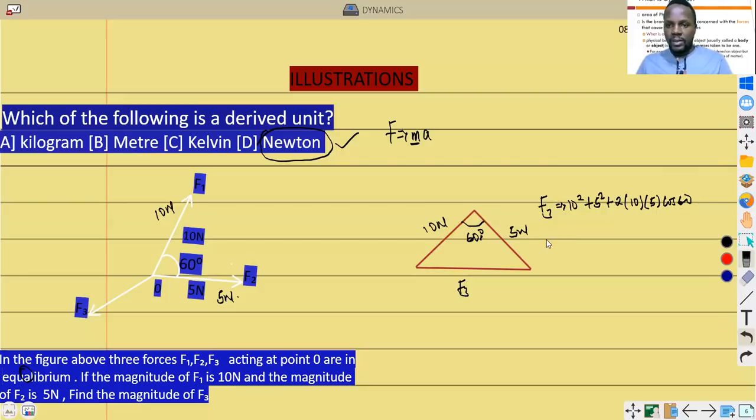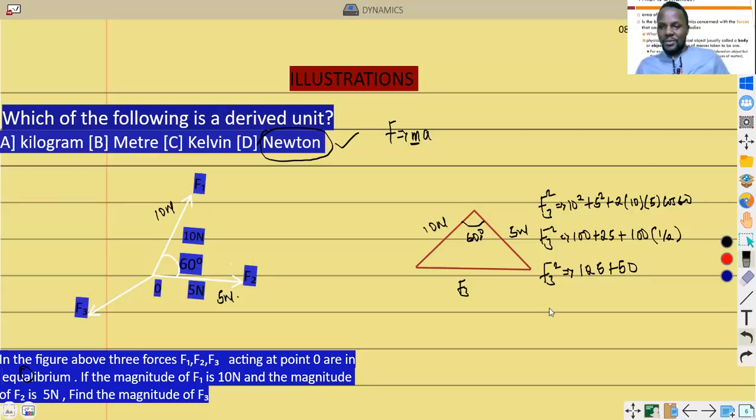So directly, my dear students, F3 squared will be 10 squared, which is 100, plus 25, plus 10 times 5 is 50, 50 times 2 is 100. 100 multiplied by cos 60, which is 1 over 2. So F3 squared is 100 plus 25, which is 125, added to half of 100, which is 50. I hope students are still here.